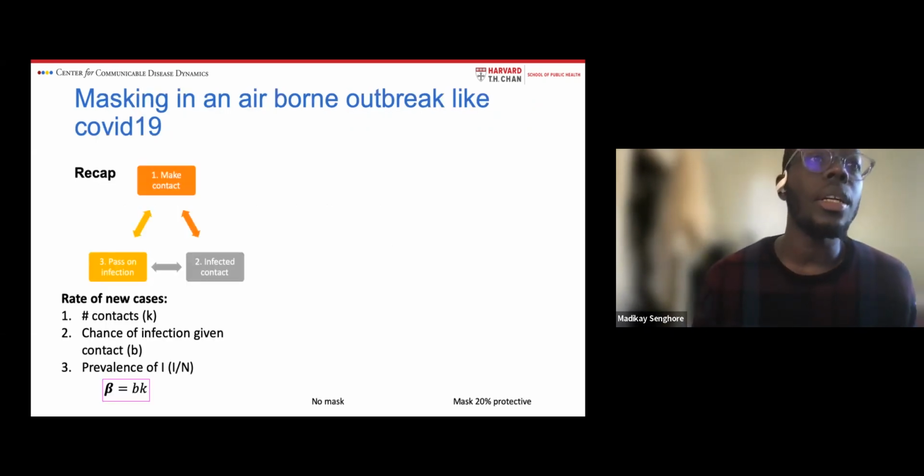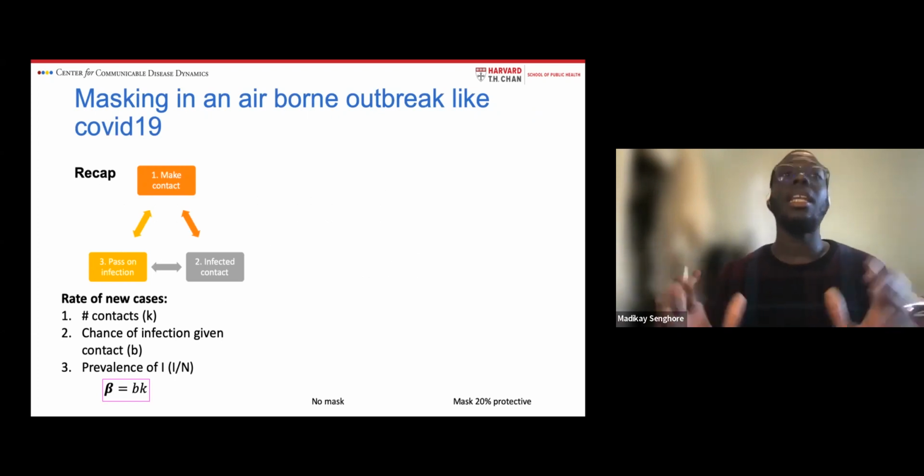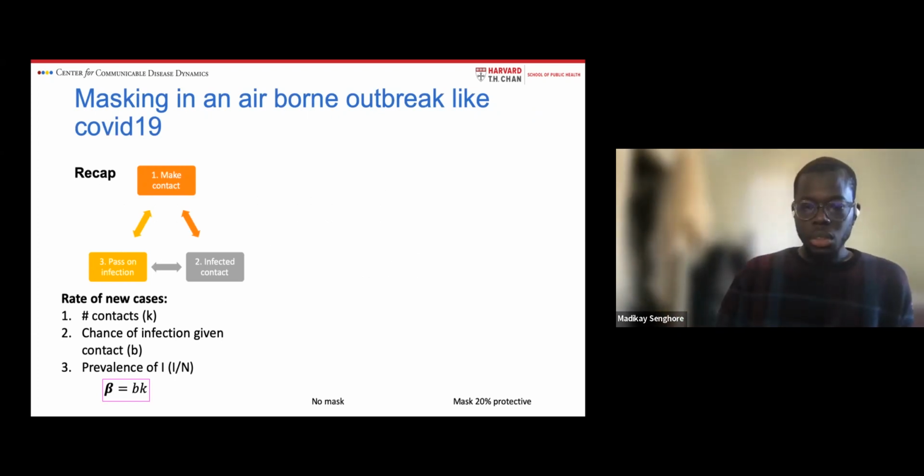So the first one is masking in an airborne outbreak. Let's do a quick recap of what we've learned, right? We know that in order for transmission to happen, you need to make contact with people, and one of those contacts has to be infected. And then there has to be a transmission actually happening.